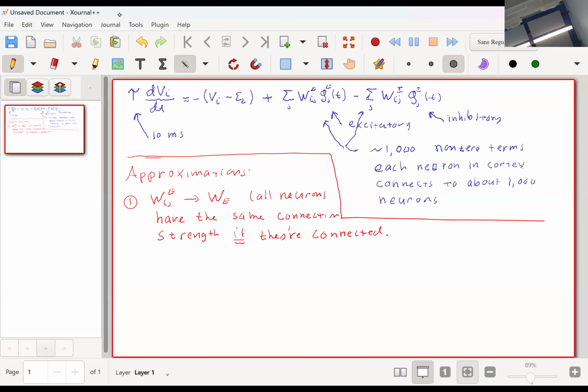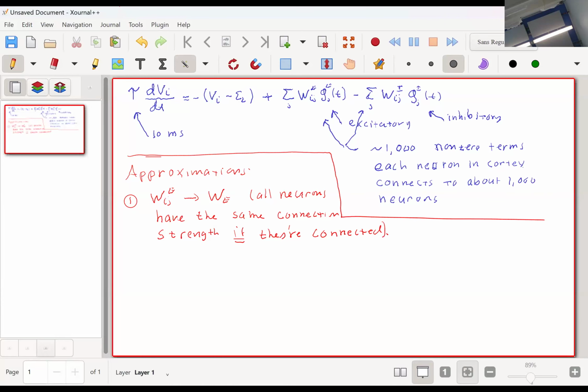The true story is W_ij equals W_E if neuron j is connected to neuron i, and 0 otherwise.